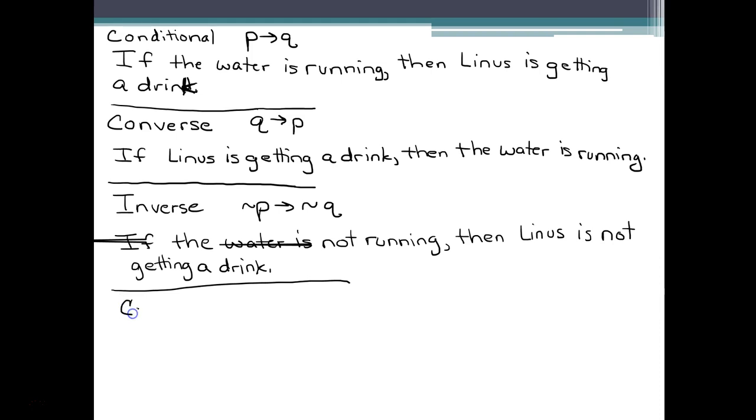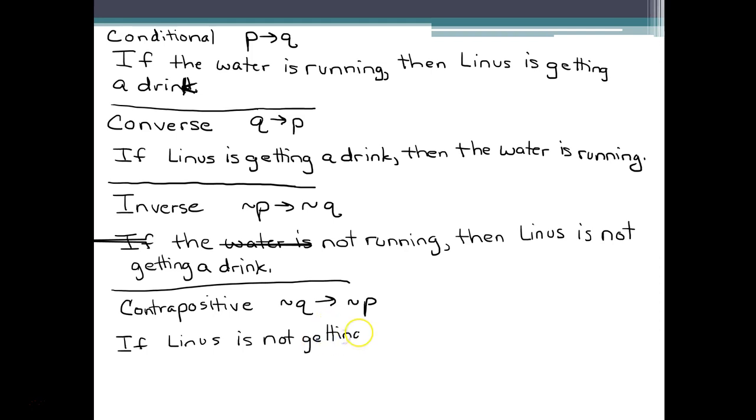Then we got contrapositive. If not Q, then not P. So if Linus is not getting a drink, then the water is not running.